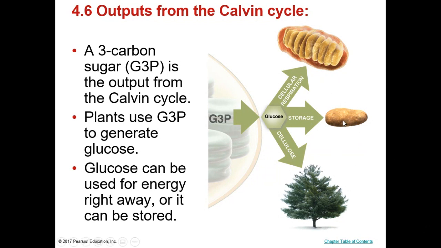Now, in cases where plants don't have a seed, like potato plants, for example, they go ahead and store that glucose in the potato itself, right? Now, the potato does not necessarily require a seed. So if you just plant this potato, it'll start to grow roots, and then eventually grow into a plant itself. You can try that out at your house, right?